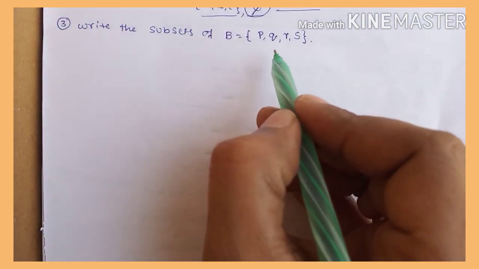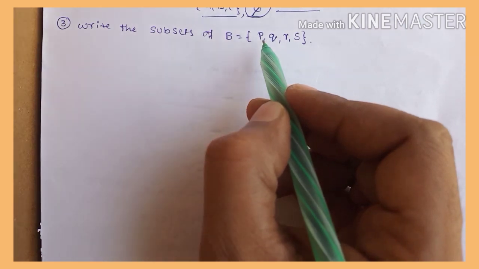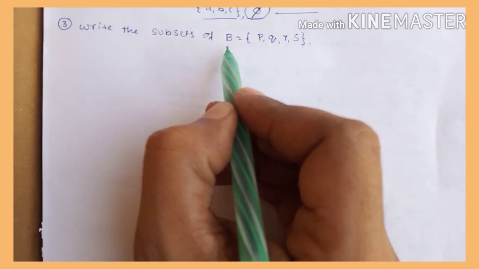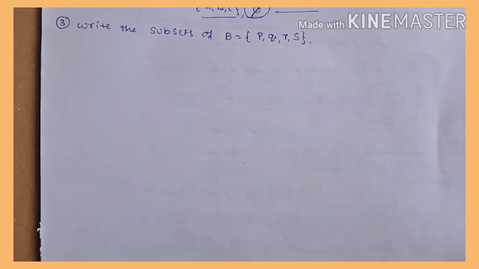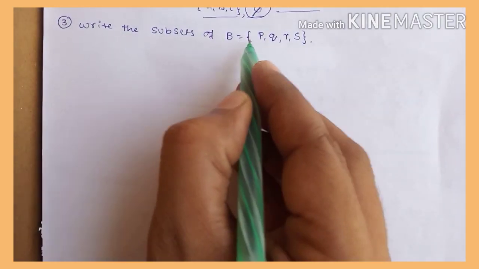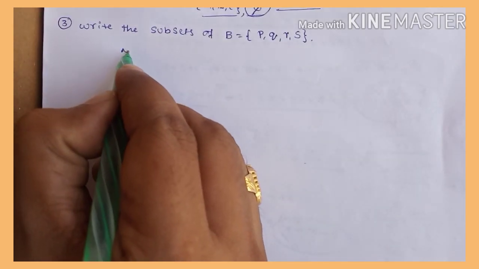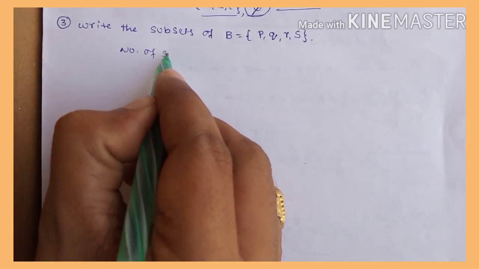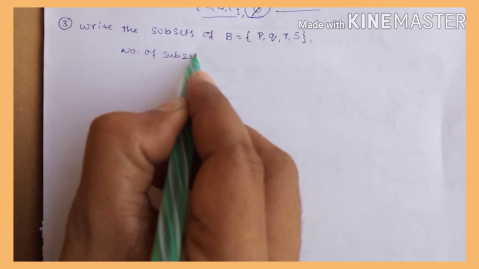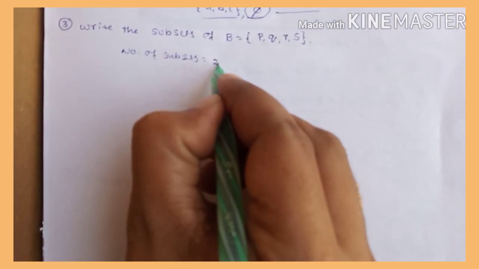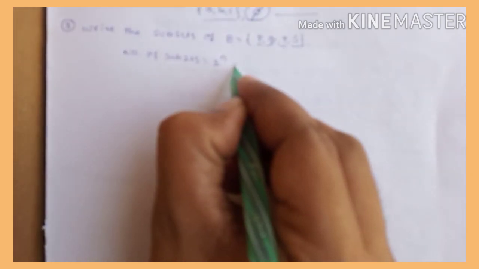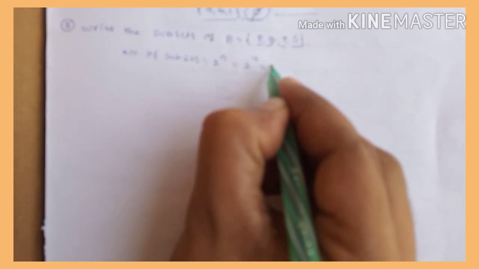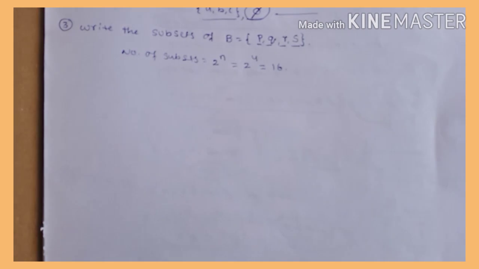Next problem: find the subsets of the set B is equal to {p, q, r, s}. Now we have to find the subsets of a 4 element set. We can use the same formula, number of subsets is equal to 2 to the power n. 4 elements are there, so 2 to the power 4 is equal to 16 subsets we have to write.